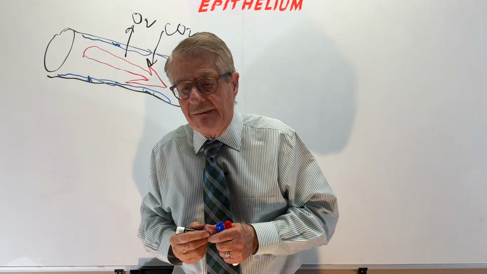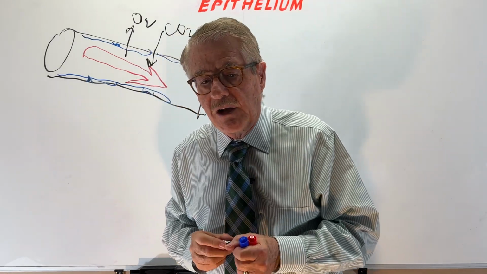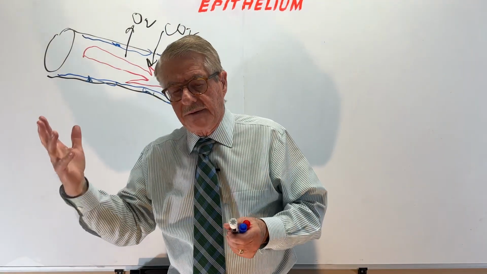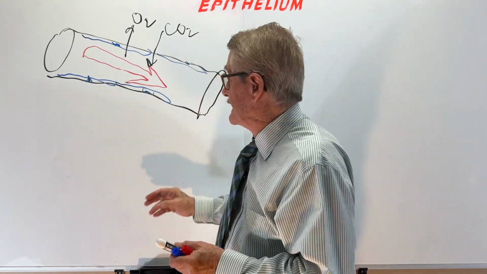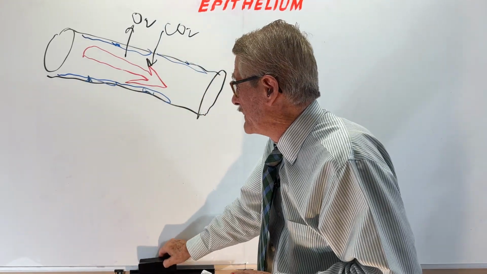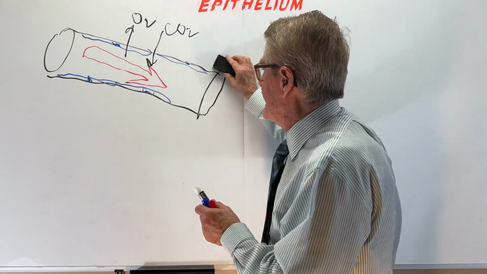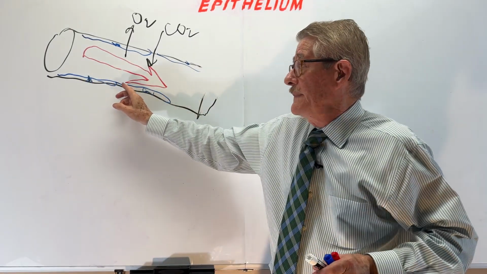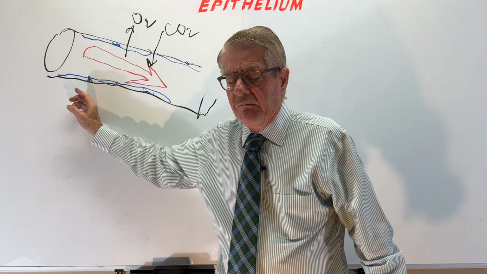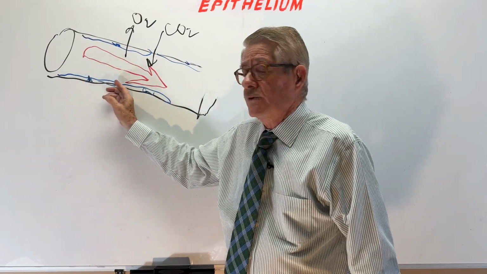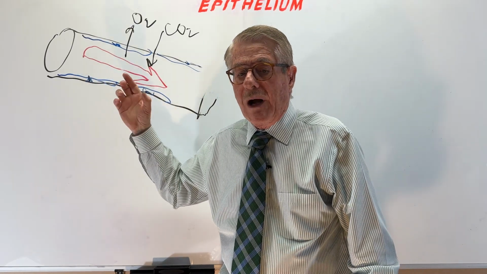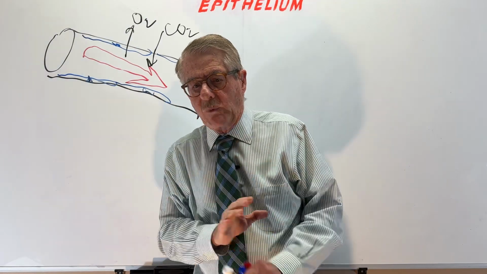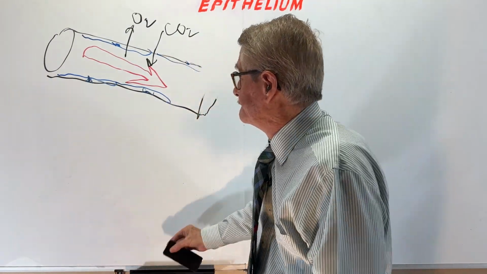So this is what happens with the endothelium of the vessels. These cells are not as simple as they seem. They have a myriad of functions, most of them related also to the coagulation system. But we are not going to go into that.